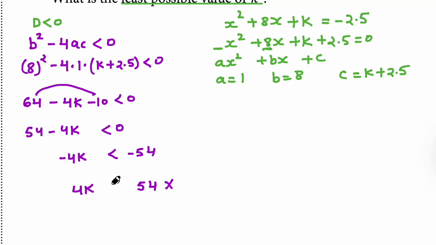So this one is greater than 0. Now it's correct. Note down this point because whenever we are in stress, we make this mistake. So dividing by 4 on both sides, that is 54 by 4 and k is greater than 13.5.